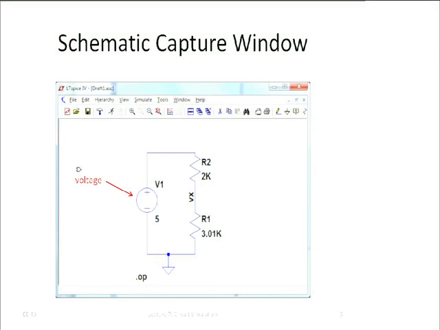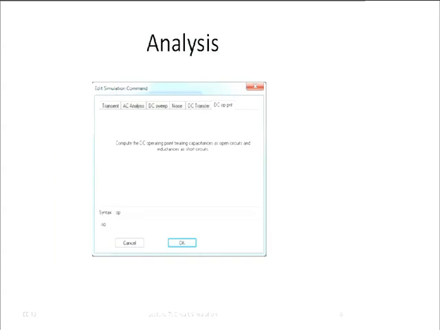Then afterwards you have to choose an analysis. And that again is something where one of these commands, I think it's the little man that runs. You click on that little man that runs, and then it gives another pop-up window, and it tells you all the kinds of things it can do. Right now, what we're doing here in class is only DC operating point, the last one on that list of different analyses.